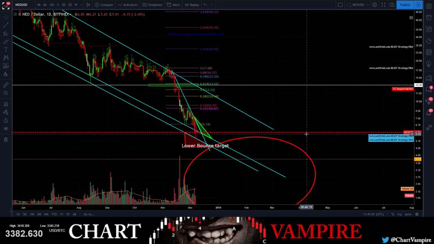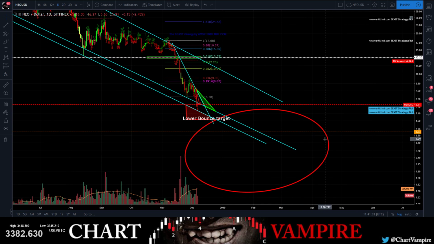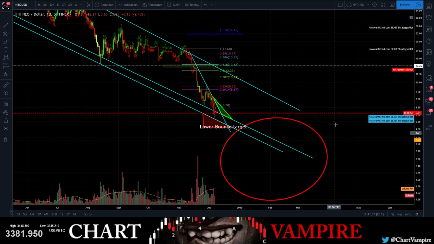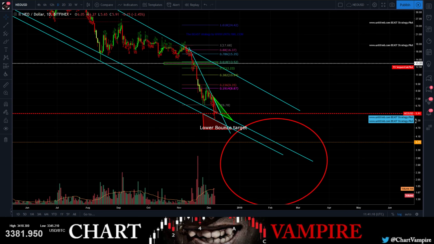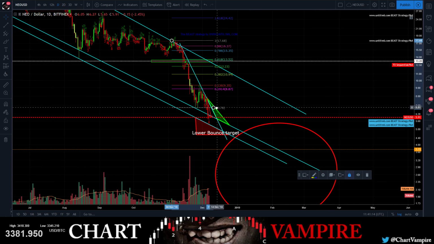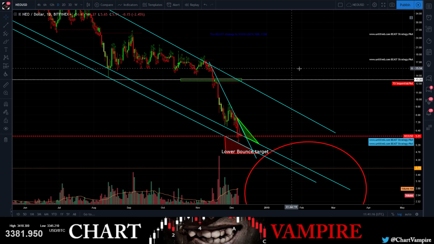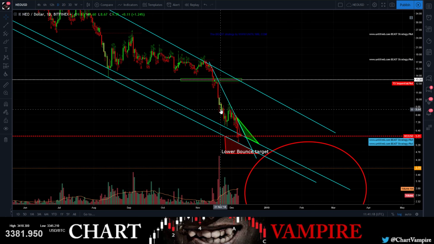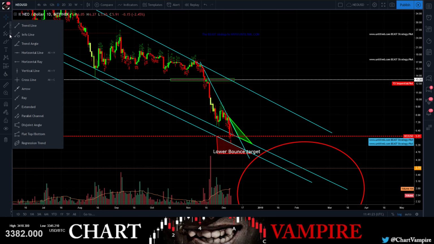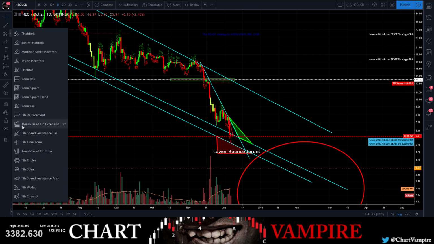So there's no reason this can't end up down here. Honestly, NEO is the Chinese token, so it's the Chinese-backed one. The Chinese government actually gives it some loving. But where would you count this?